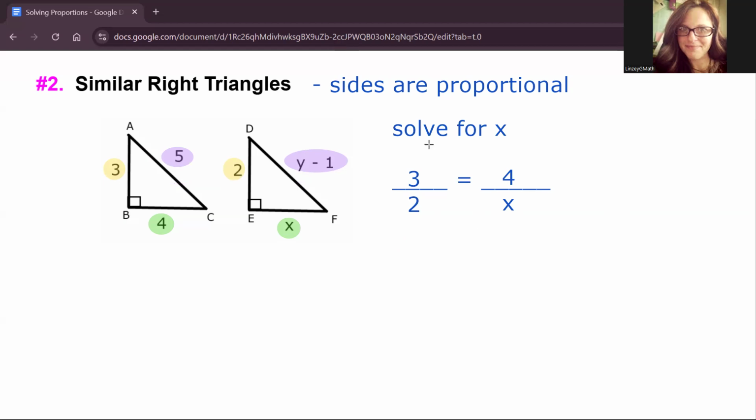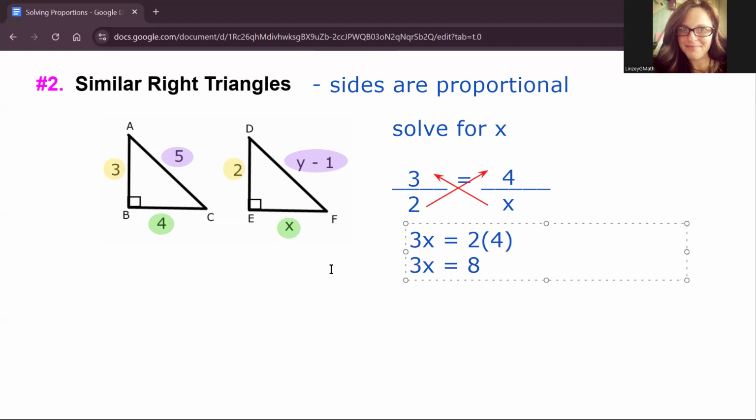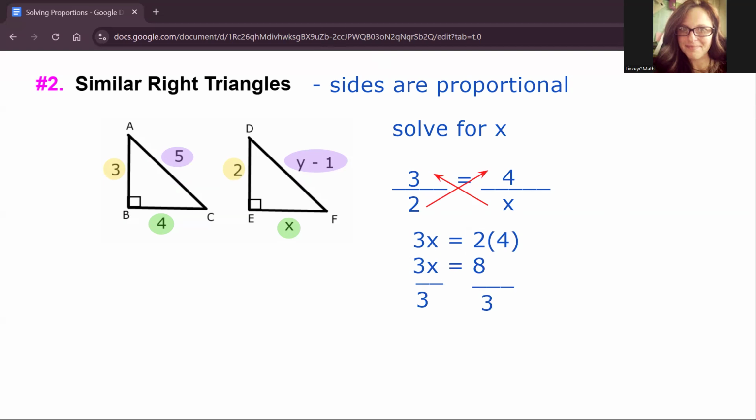And then to solve a proportion, we will cross multiply 3 times x and 2 times 4. And then we'll divide by 3, and we get 8/3. And that is x. Side x is 8/3.